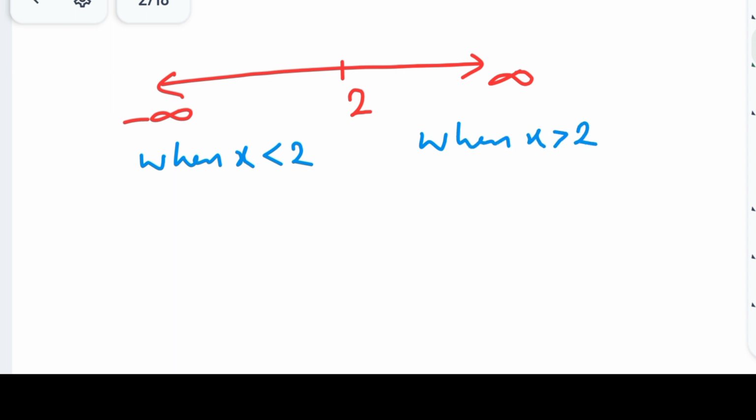To check any value less than 2, I take any value, let x be equal to 1.